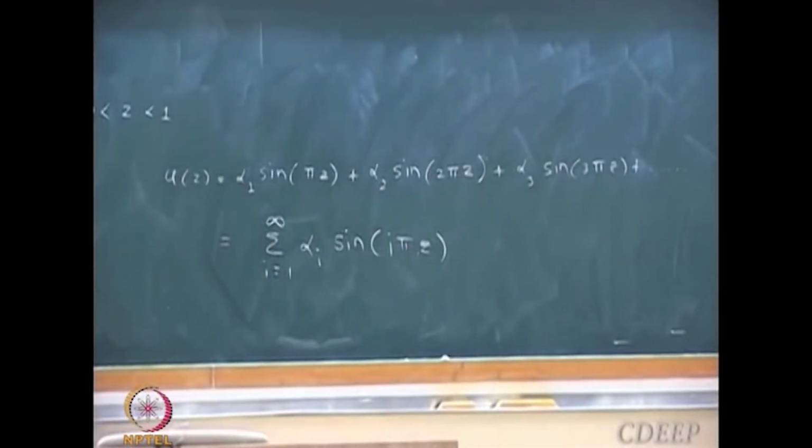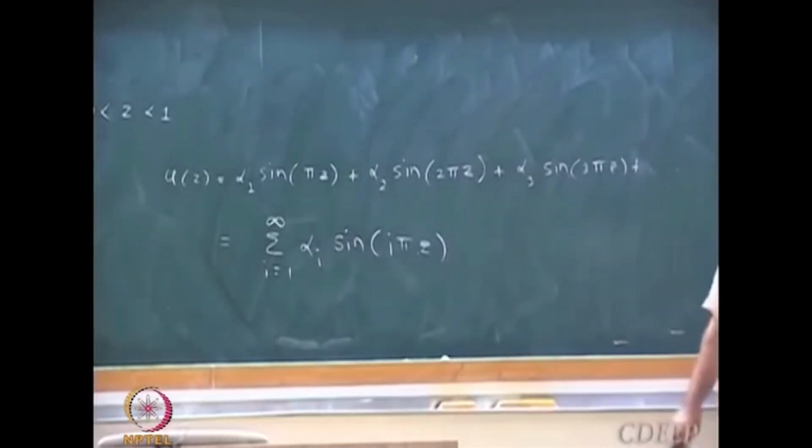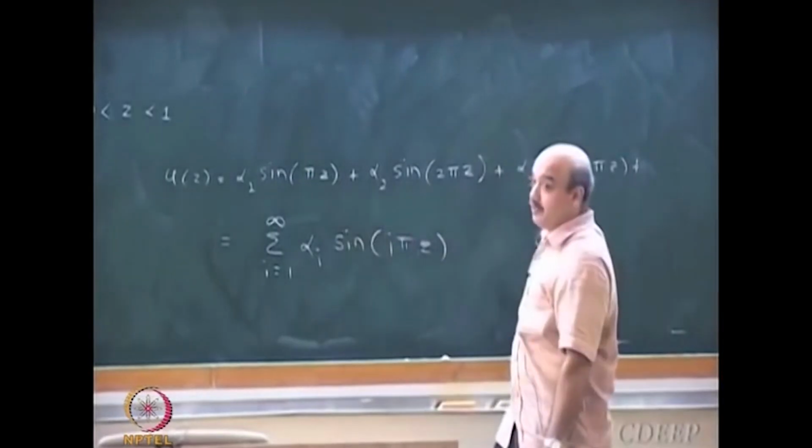Well. The general solution here cannot be expressed in terms of finite number of vectors. For this particular problem, a general solution cannot be arrived at by taking only finite number of vectors.